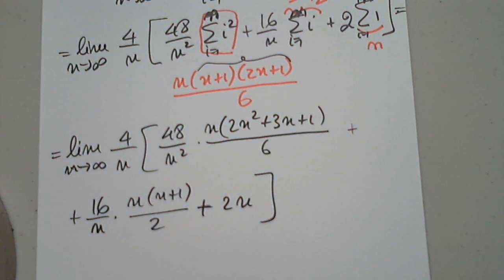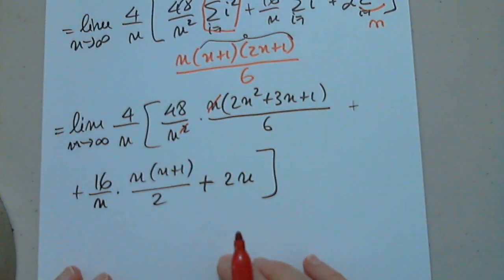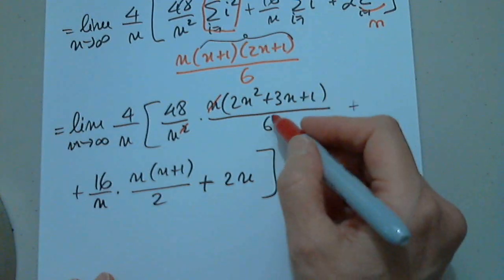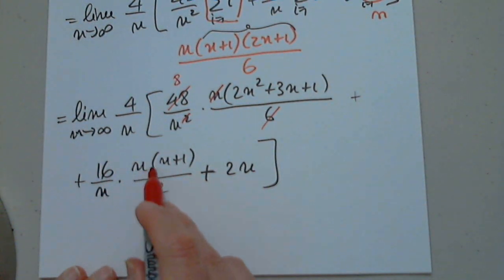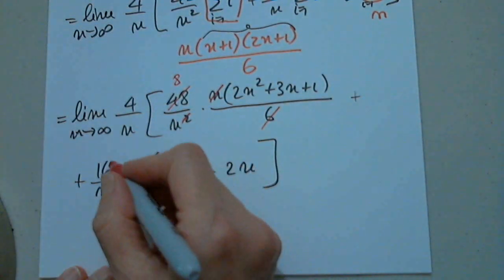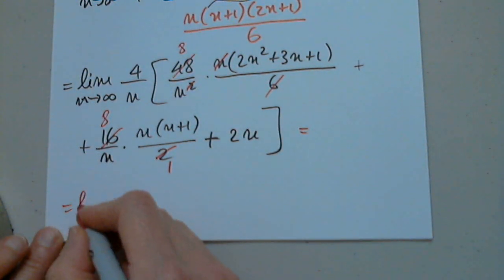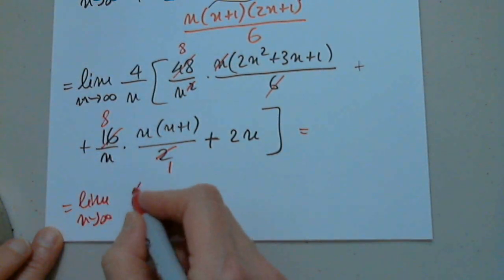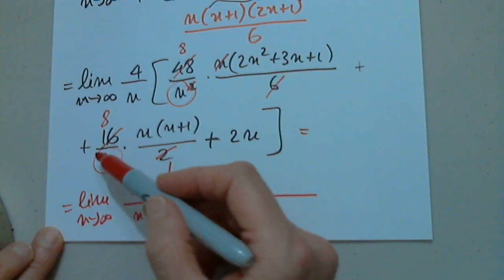So let's see if we can simplify something, but careful, we still have to have an n in the denominator. So I can simplify, let me use a different color, that's better. I can simplify just one of these two, this one. Do not simplify the n here, there is no point. You can simplify the factor, but not the n. Then I have limit as n approaches infinity, 4 over n in front. The least common denominator still has to be n.